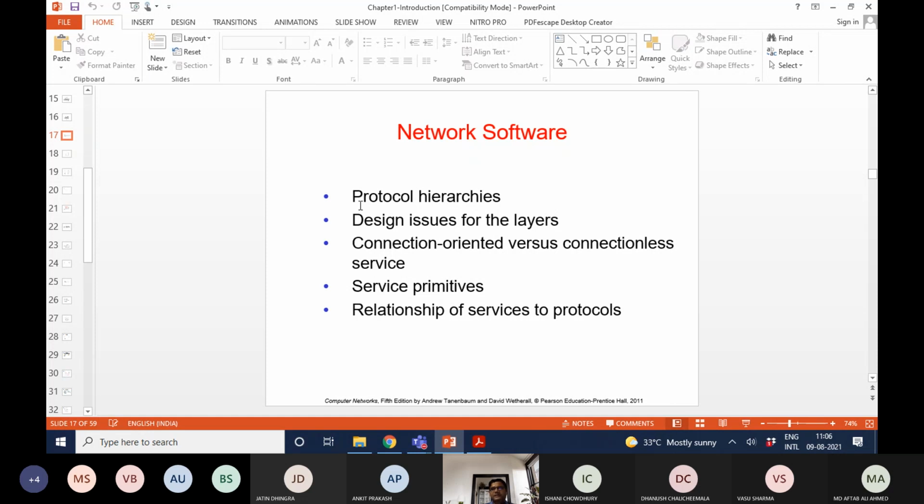We will see the protocol hierarchies, how we use the protocols in a hierarchical manner. Then the design issues of the layers.